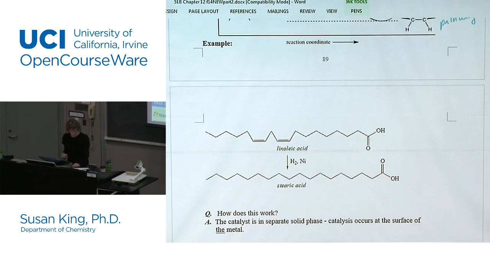Here's an example of a catalytic hydrogenation. We take a polyunsaturated fatty acid, H2, nickel. You will recognize this from the podcast. This is a 1, 2, 3, 4, 5, 6: a polyunsaturated omega-6 fatty acid.